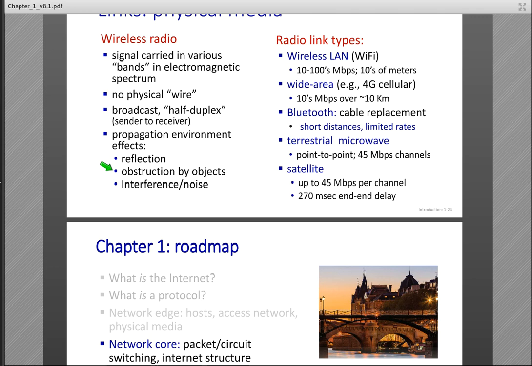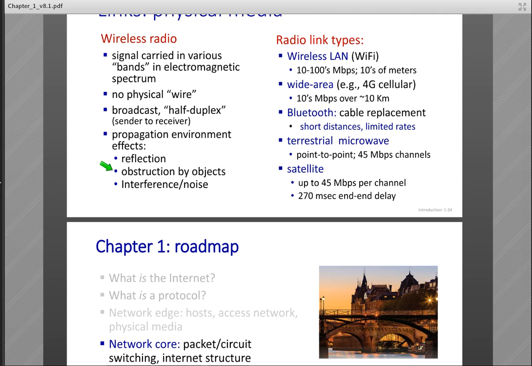If you look at your cell phone, you can see, oh, there is no signal. Why? Because the energy of signals is absorbed by the tunnel, or by the structure of the elevator. So you can see your signal is weak, or maybe you have no signal.